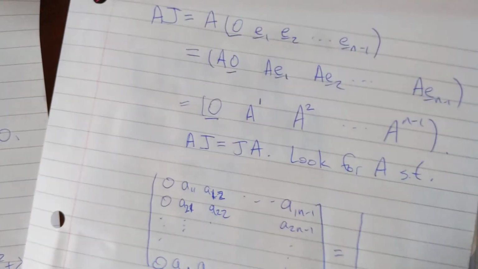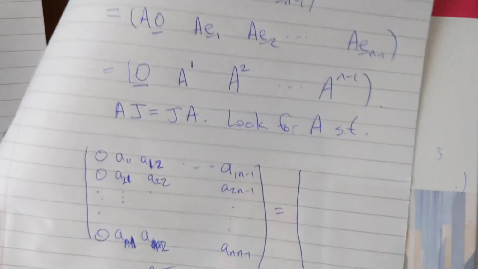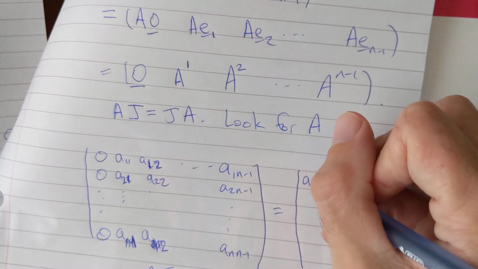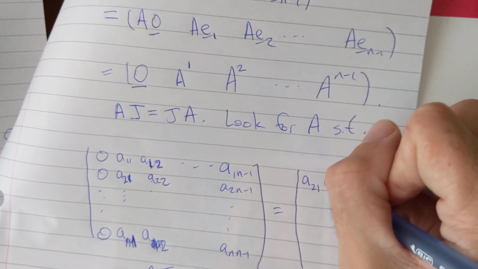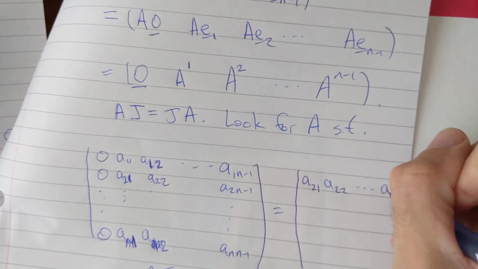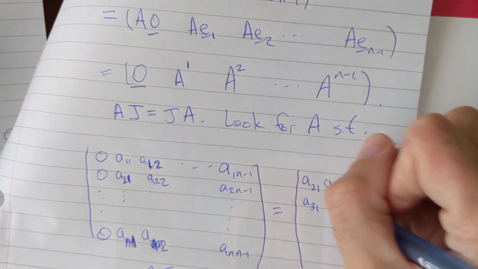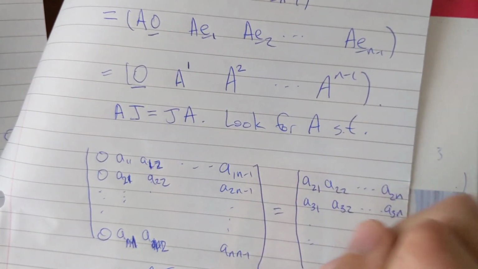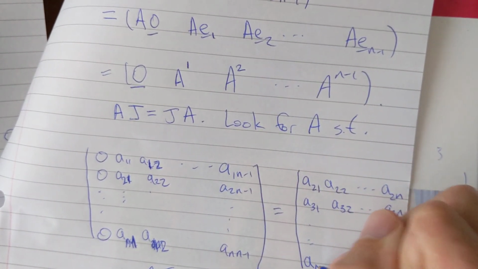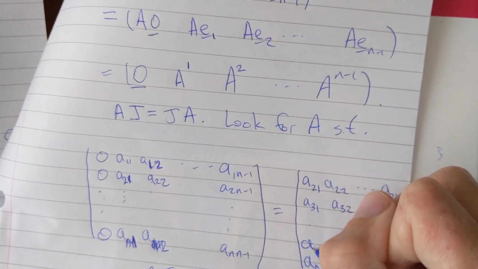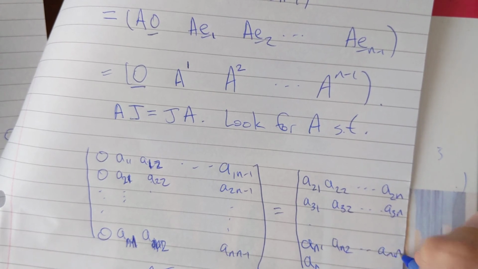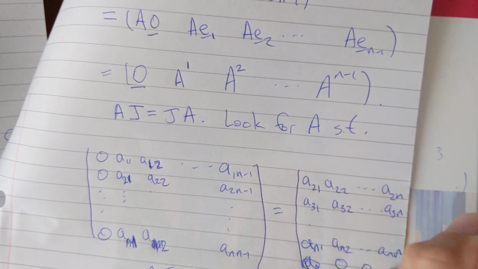You have to compare it to J times A, which is, right, the first row is the second row of A. So A21, A22, all the way up to A2n, and then A31, A32, to A3n. And then the second to last row is AN1, AN2 to ANN, and the last row is all zeros.